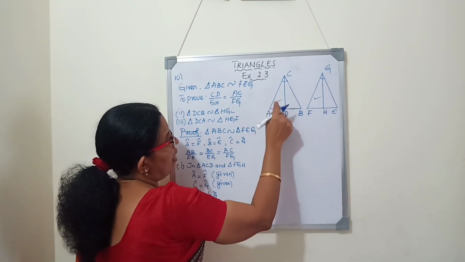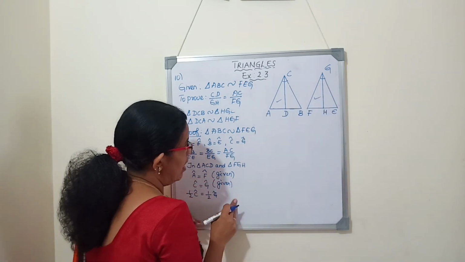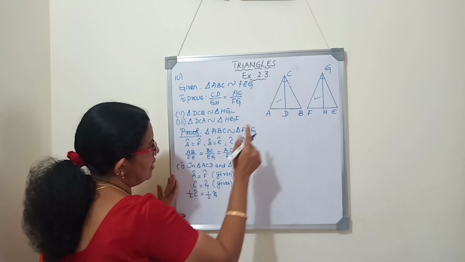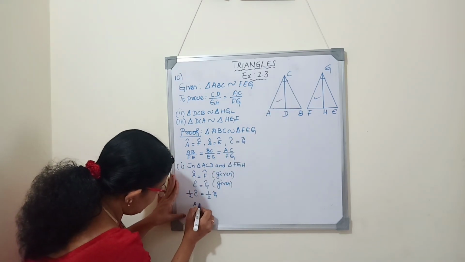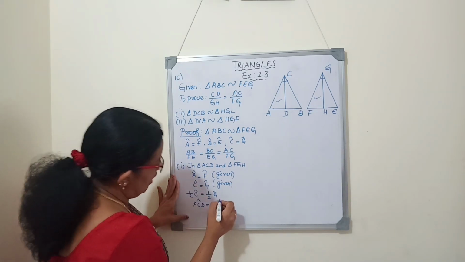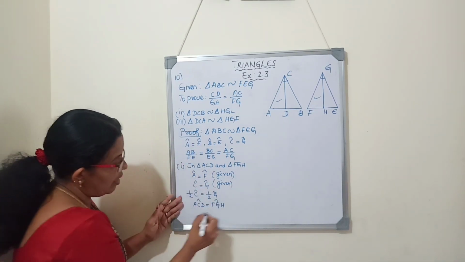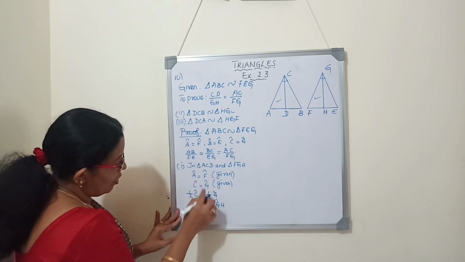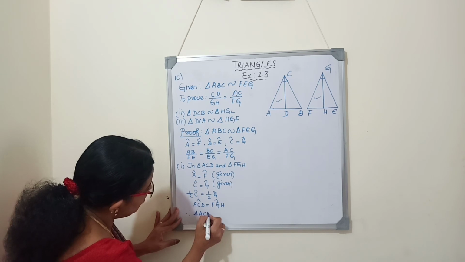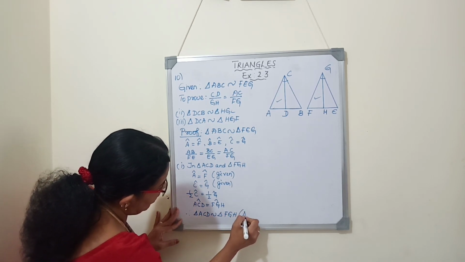So half of angle C will be equal to half of angle G. Half of angle C is angle ACD, and half of G is FGH. So these two angles are equal. Therefore, two angles are equal, and triangle ACD is similar to triangle FGH by AA criteria.